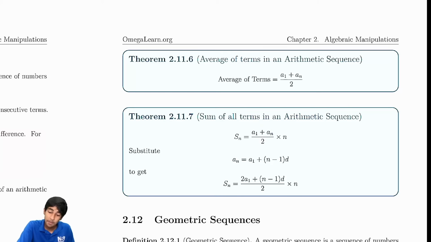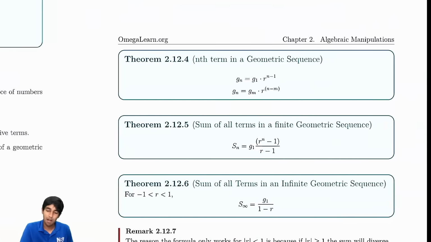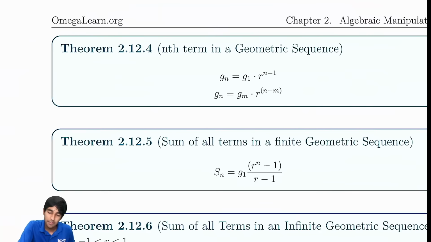And we can plug in our value of a_n earlier to get this formula, but you don't need to use this formula. You can literally just find the first term, the last term, and then average them and multiply. The geometric sequences, again, you probably know this stuff. In general, in terms of g_1, we just multiply by as many r's. And then the sum, this is something people sometimes get confused with.